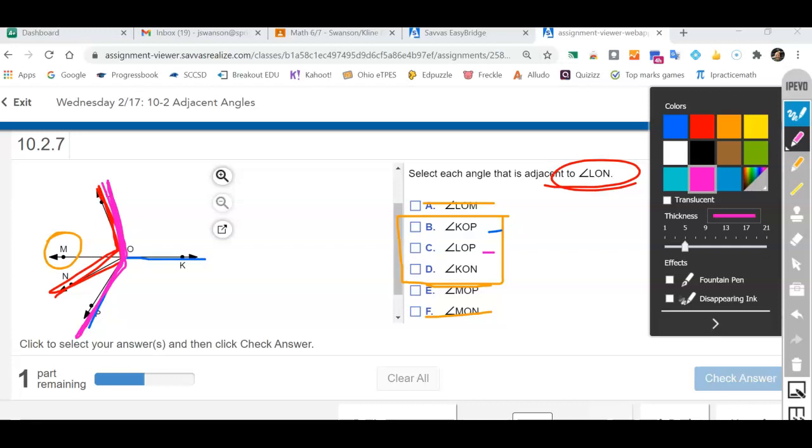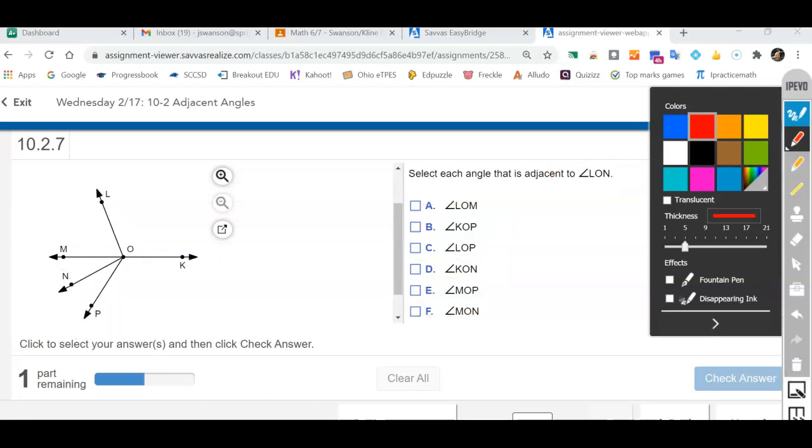And we'll use this green color. So we've narrowed it down to this one. Let's check KON, this one. Is the green one adjacent to the red one, the original red one, which was this one, LON? Is the green one adjacent to it? Yes, because they share the side NO, don't they? Sitting next to each other. Whew.